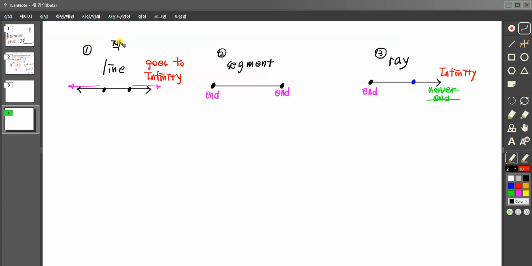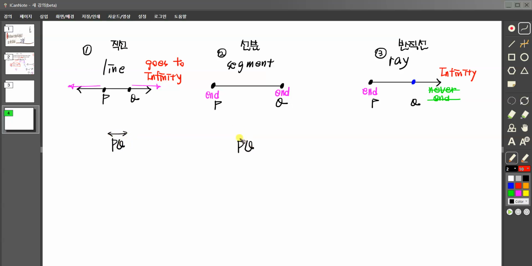In Korean we call these 직선, 선분, and 반직선. Now we'll learn how to express them. PQ, like this, with an arrow on both sides.